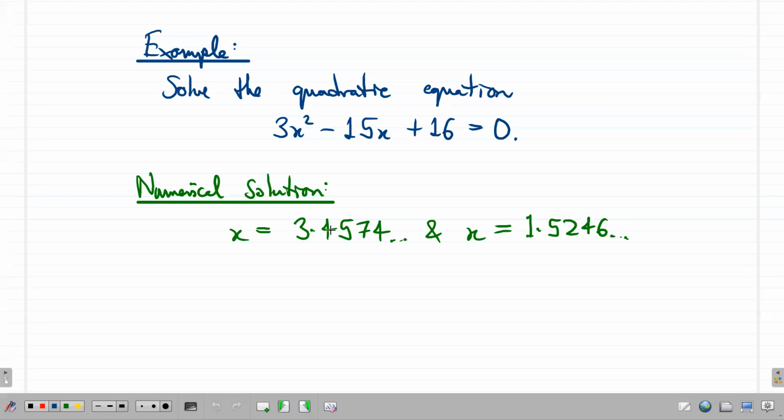So if you use one of these packages, you plug it in, the package will tell you there are two roots to this equation, 3.45 something or other, and 1.524 something or other. Both of these expressions are numerical approximations to the true solution to this equation.